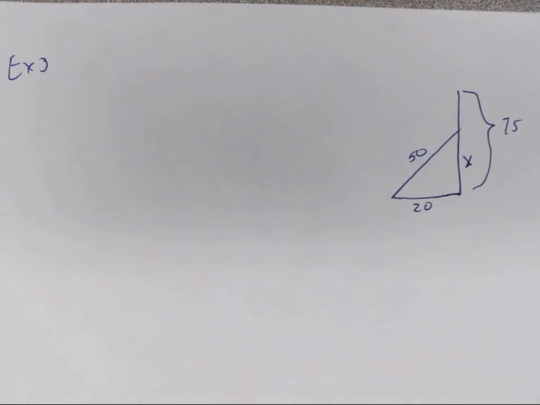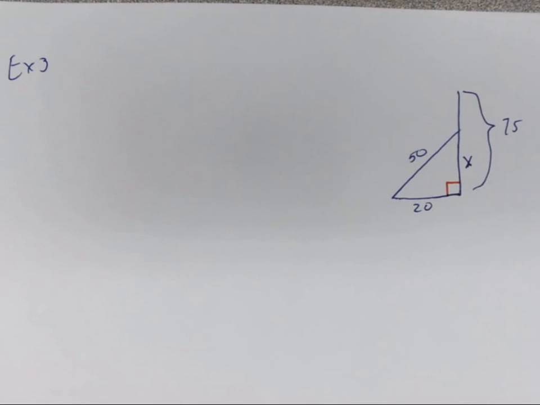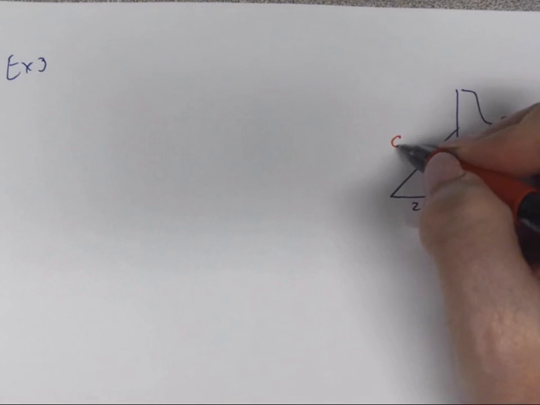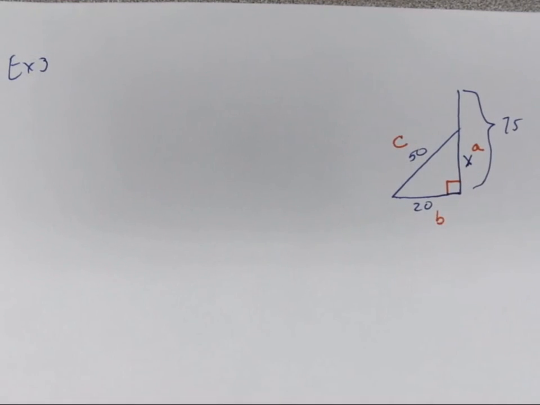So again, we're understanding that the pole, or the antenna, is going to be perpendicular to the ground. So this is our right angle, so this will be our C, and it doesn't matter which one is A and which one is B. You can choose either one. So we're still using our Pythagorean theorem.